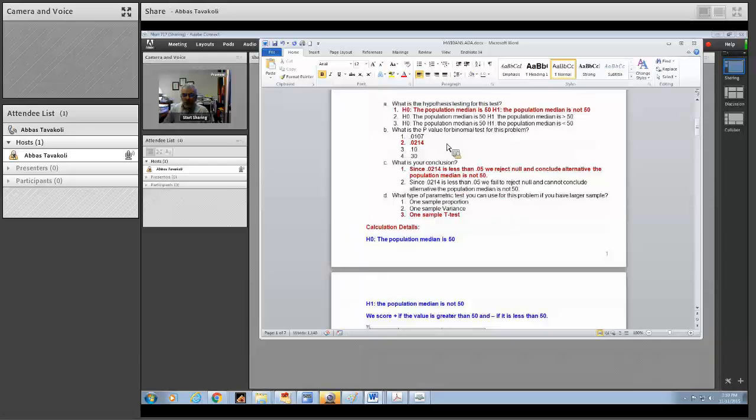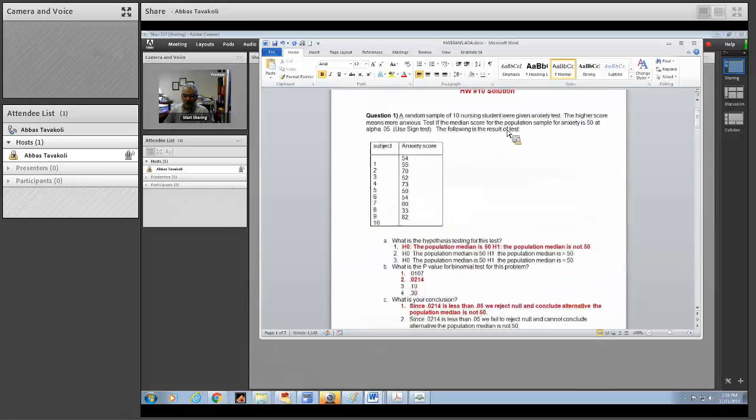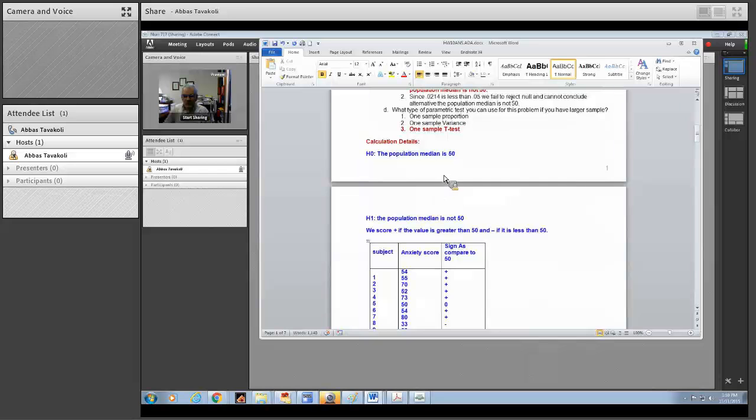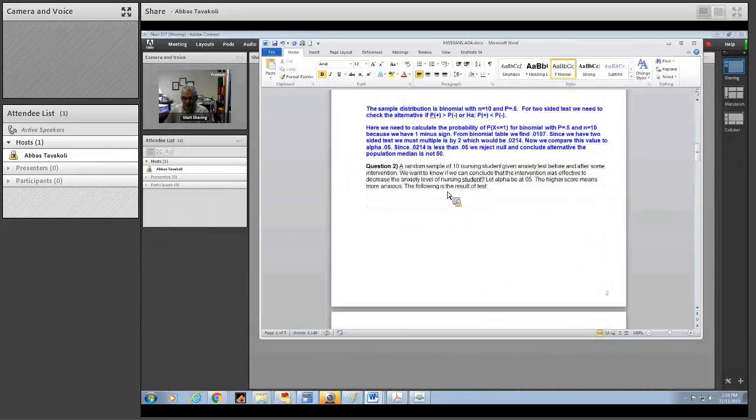Now, if you were using parametric tests, what would you use? If you have a large sample size, you would use a one sample t-test, because you are using the median or mean, the measure of center. Now, question 2, we have again 10 nursing students given an anxiety test before and after intervention.